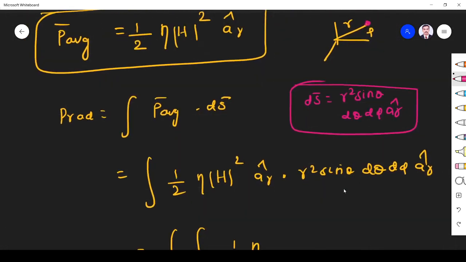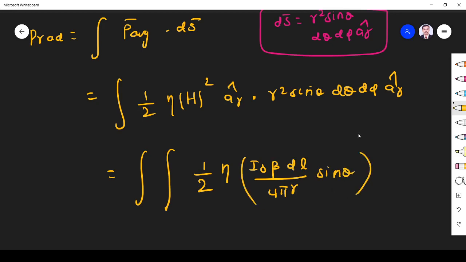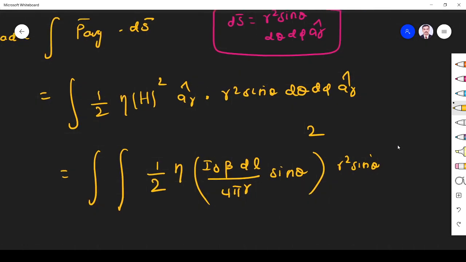So instead of H squared, I write I naught beta dl divided by 4 pi r sine theta whole square, AR dot AR is 1, so r squared sine theta d theta d phi.